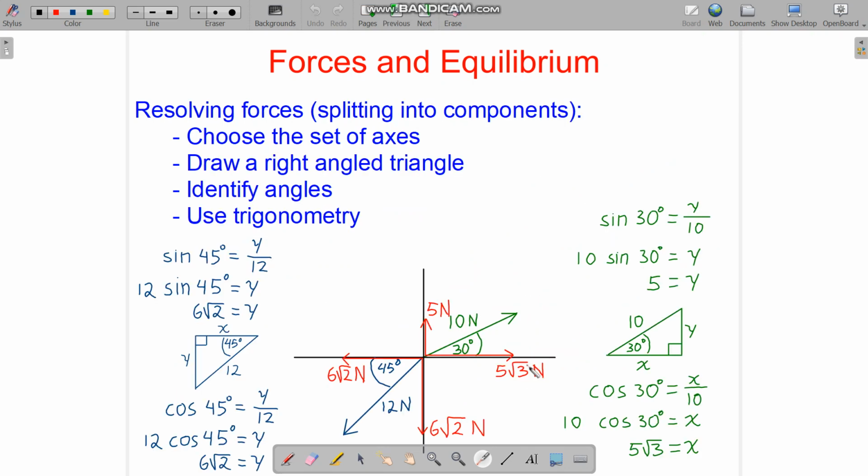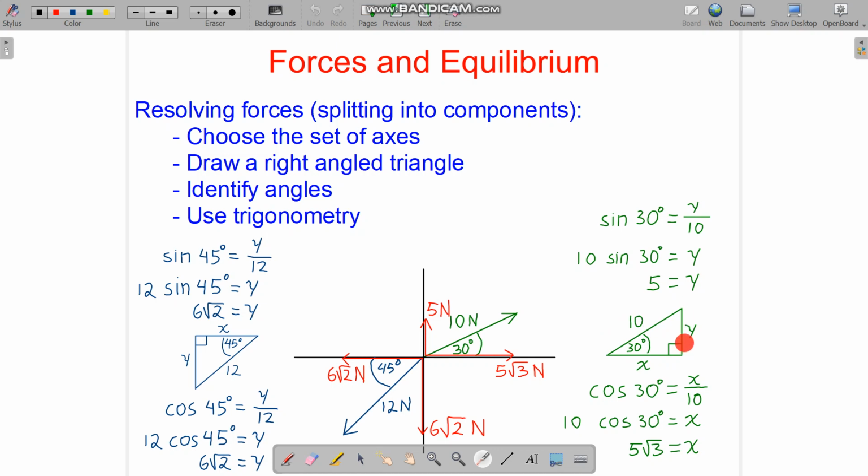Now, resolving forces or splitting into components. Choose the set of axes, draw a right angle triangle, identify angles, and use trigonometry. For example, we need to split this 10 Newton force vertically and horizontally. Just draw a triangle. The angle is 30 degrees, the hypotenuse is 10.